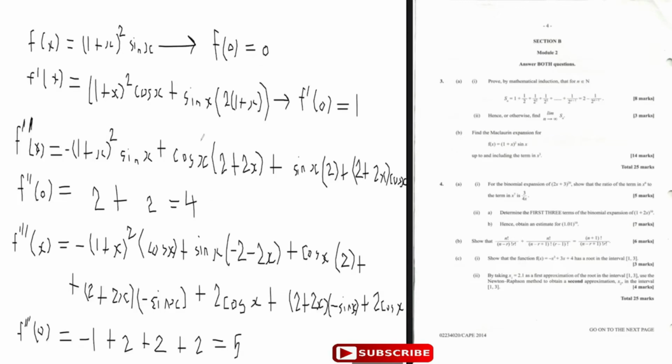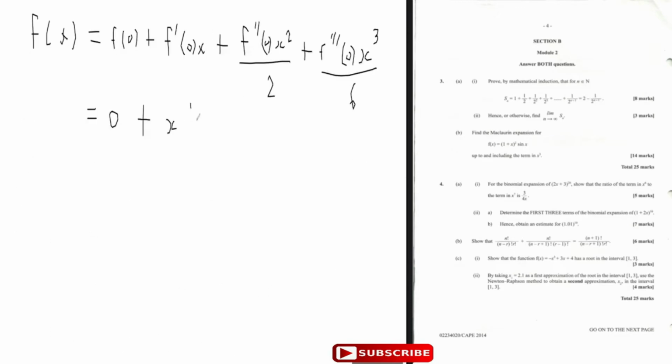It works out to be plus 4x squared, plus f triple prime, which is plus 5x cubed. Oh, remember this is being divided by 2, plus 5x cubed over 6. So this is the answer. This is f of x. Nice and easy.